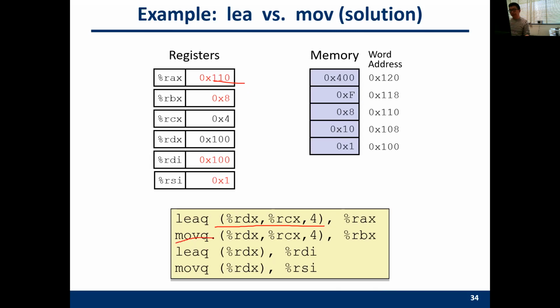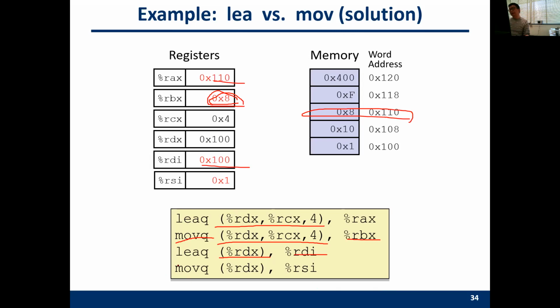If we have a mov instruction, we need to read the data from 110. Read this piece of data. The value of this piece of data is 8 here. So we move the data to RBX. Now the RBX stores 0. So for this one just read the value of this register. The value of this register is 100 to this register.